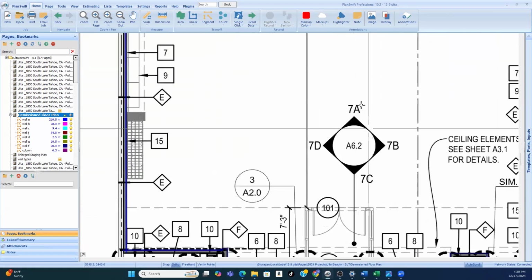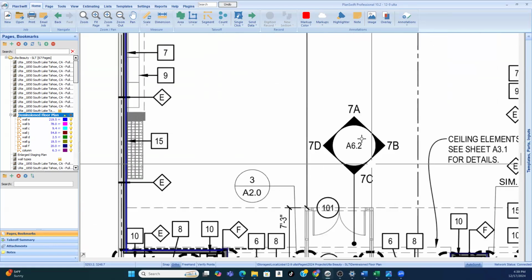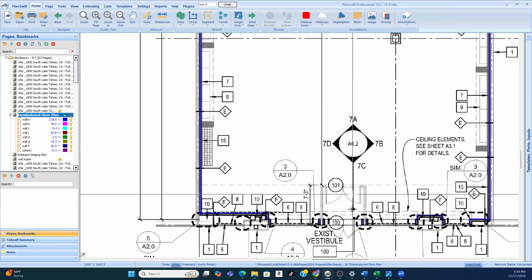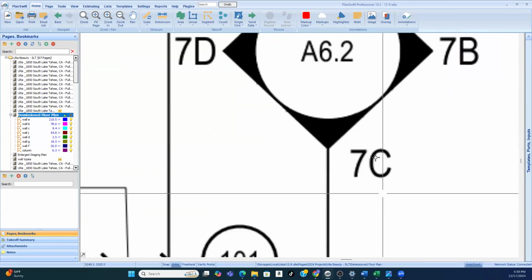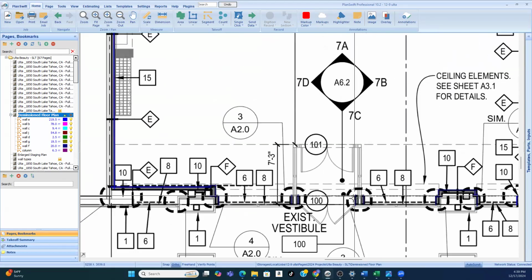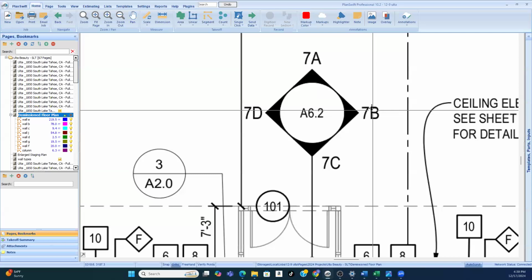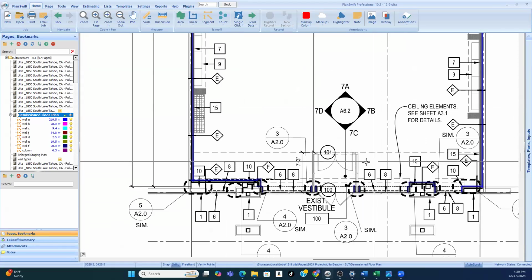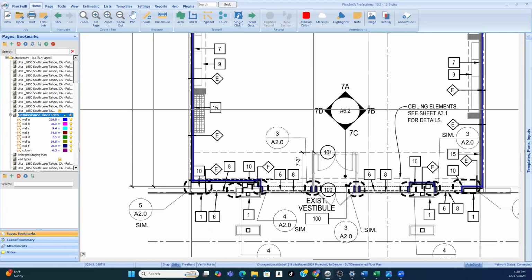This one is saying that if I look at picture 7C on page A6.2, it's as if I'm standing right here looking in the down direction, most probably at the existing vestibule. If I'm looking at 7B, I'm looking at this right wall because I'm looking in the direction that arrow is pointing.